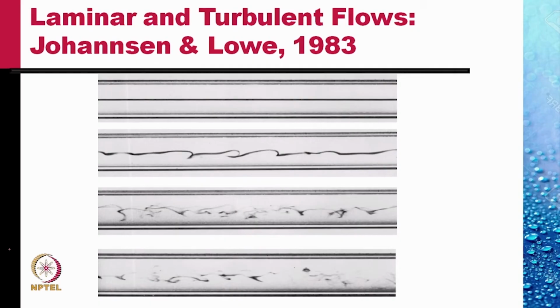These pictures of the flow are from more recent experiments, and we can see clearly in the first picture the streak is a straight line. In the second picture it starts getting some waviness. In the third picture there's a lot of disturbance and the ink is spread out across the cross section of the tube. By the fourth one it is completely broken down.